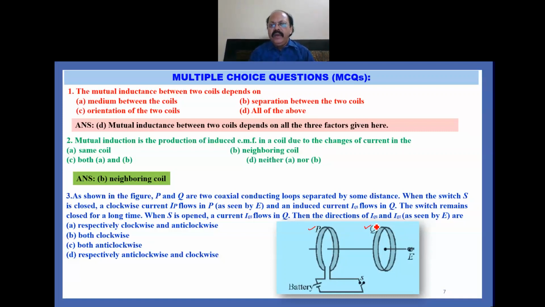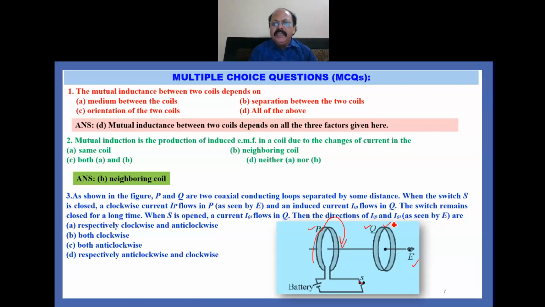As you can see, when the switch S is closed, then clockwise current IP flows through P coil, as seen by E, and an induced current IQ1 flows in Q. The switch remains closed for long time.